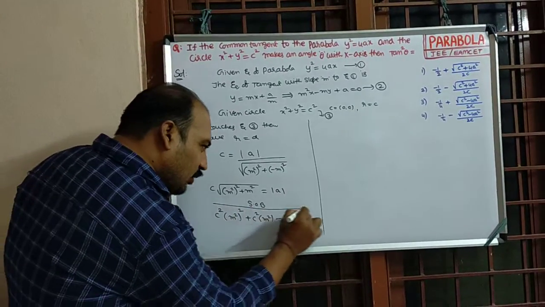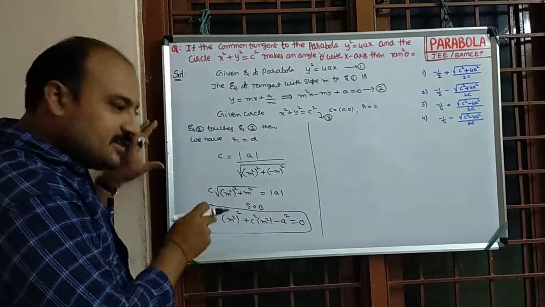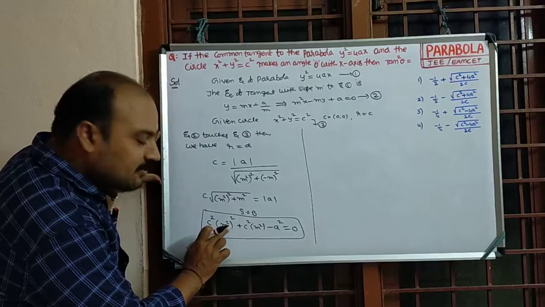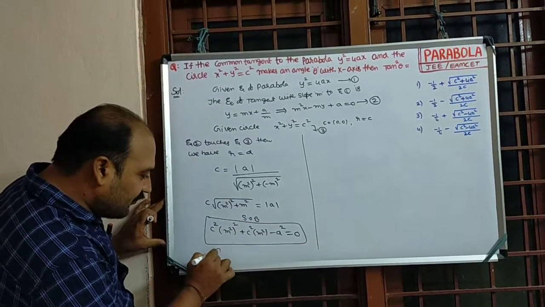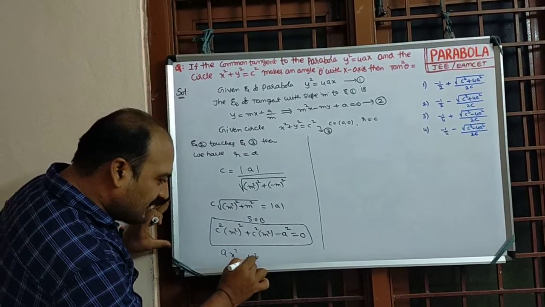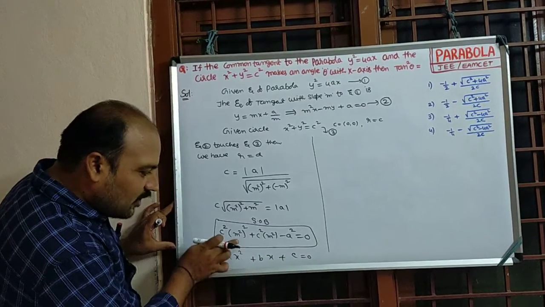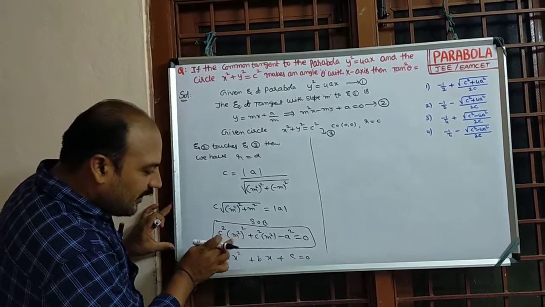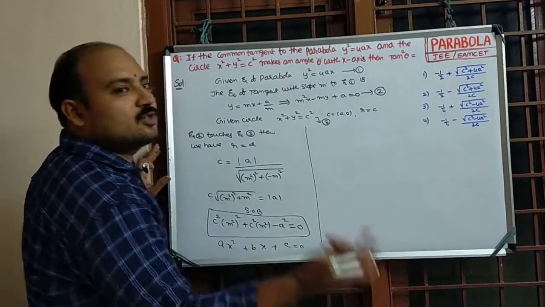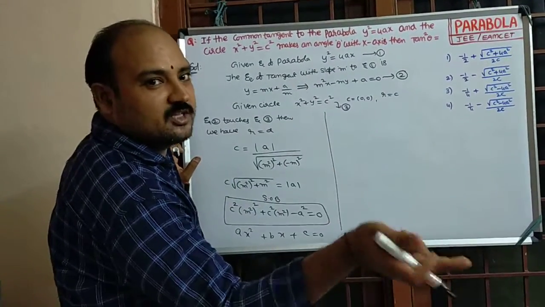This equation is a quadratic equation in terms of m square. Compare with ax square plus bx plus c. So in place of x, what value is there? m square is there. Therefore it has roots minus b plus or minus root of b square minus 4ac by 2a.